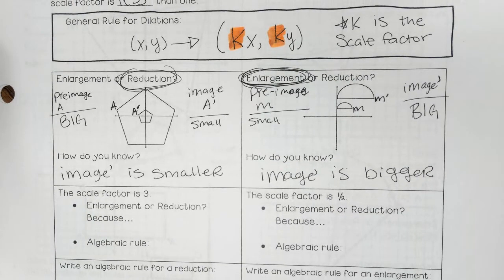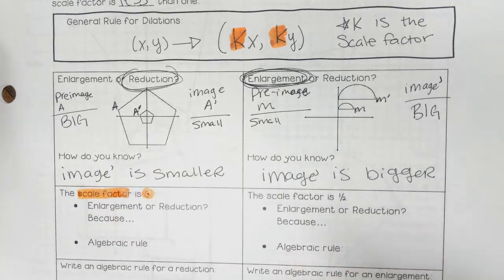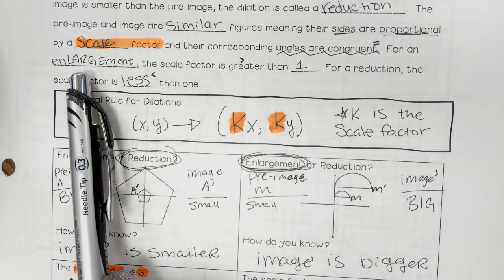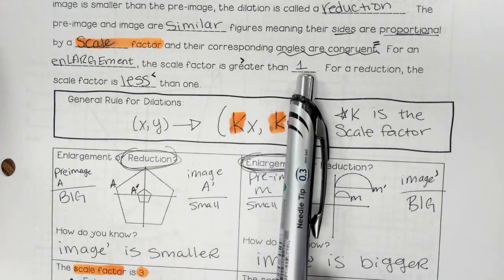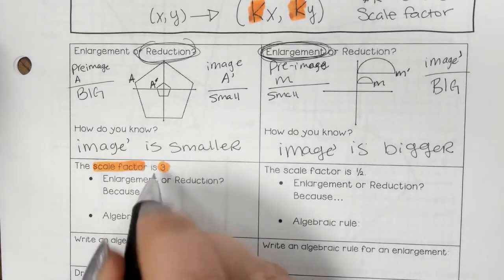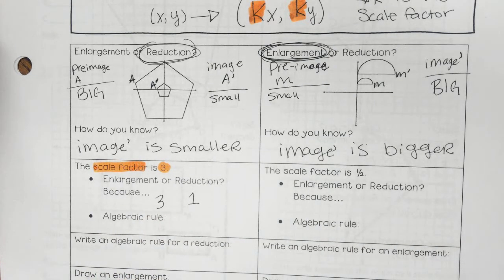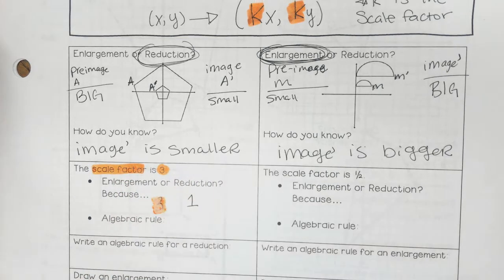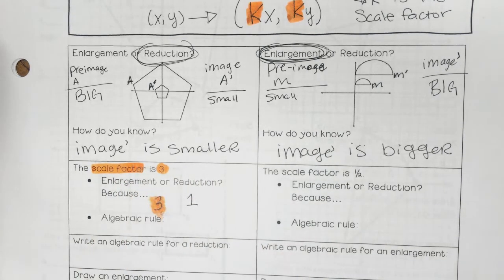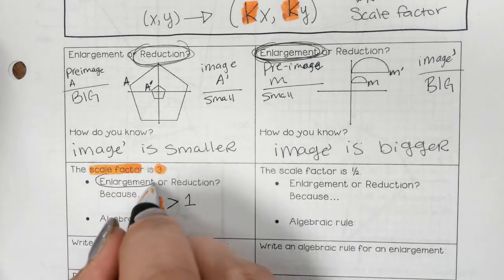Next, we are given that the scale factor is 3. I want to know, is this an enlargement or a reduction? If we look at the top of our notes, we have an enlargement if the scale factor is bigger than 1. It's a reduction if the scale factor is less than 1. So we're comparing the scale factor, 3, and 1. 3 is larger than 1, which means this is an enlargement.